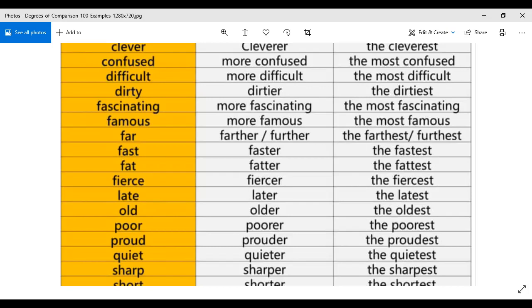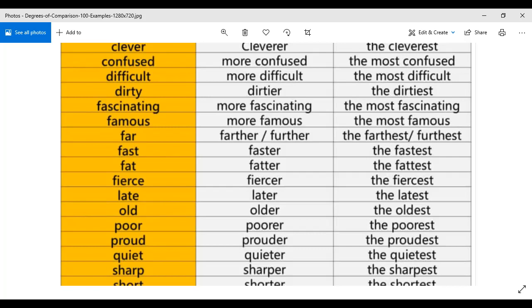Fierce, fiercer, and fiercest. Now, how are we changing this? At first, we just add an "er" after the word, and it turns into the second form. In the third form, instead of "er", we add "est" to make it the third degree of the adjective, right? So we'll do the same practice.